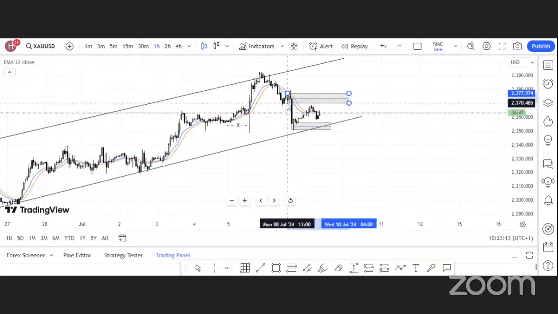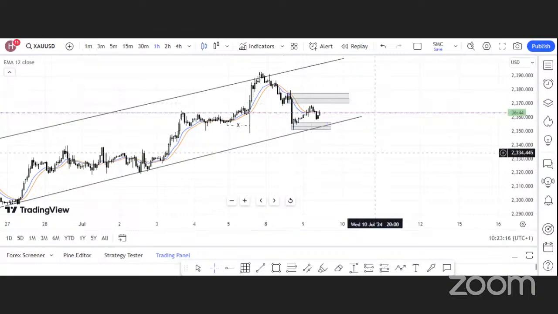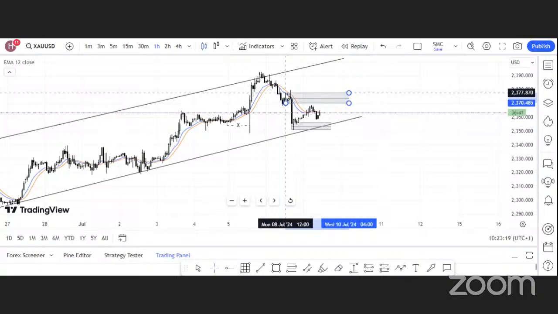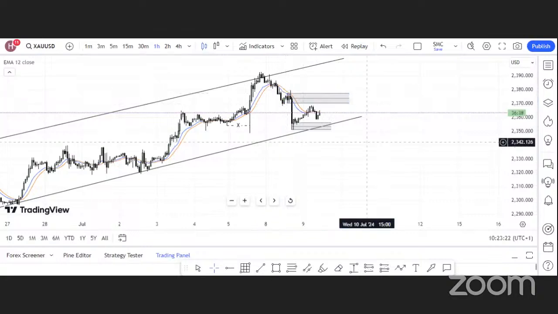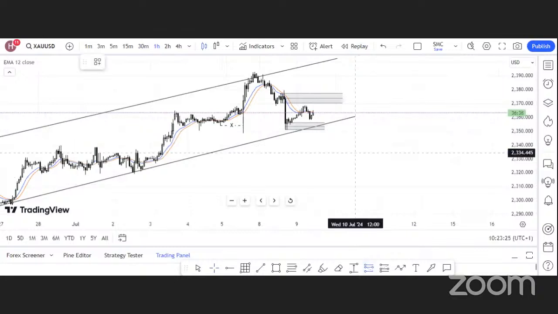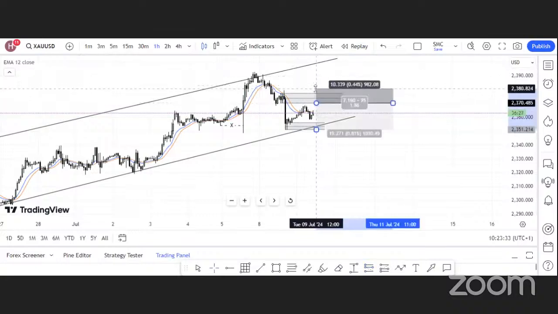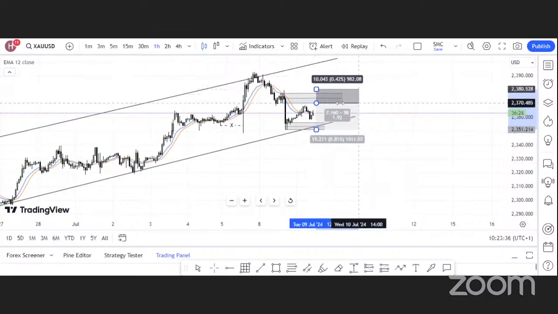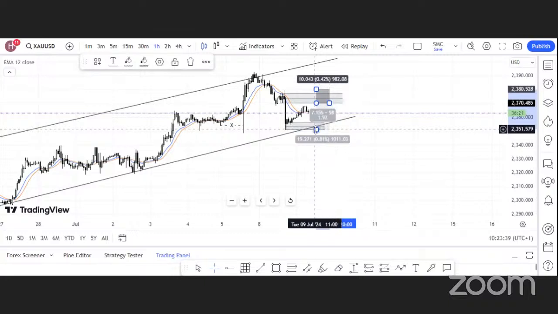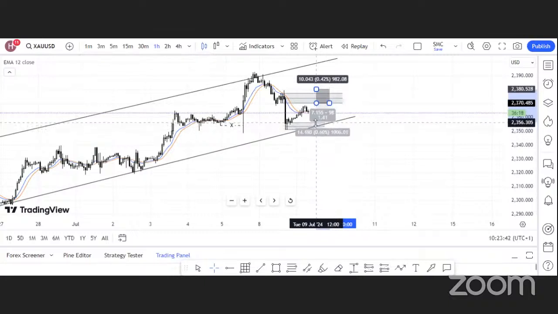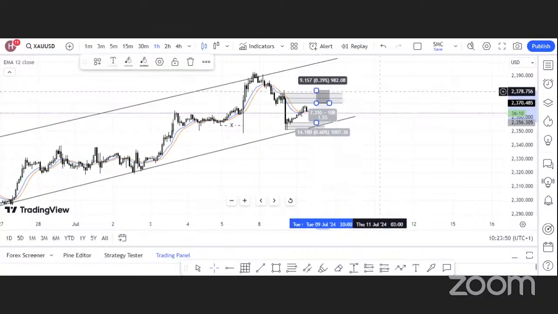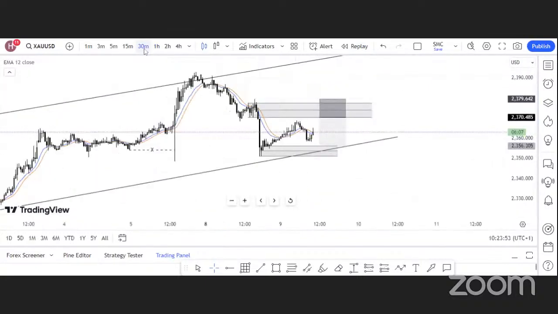So we can actually use the level as our point of interest, and I'm expecting the market to get to this point and then sell down. Okay, so this aligns well with our analysis.